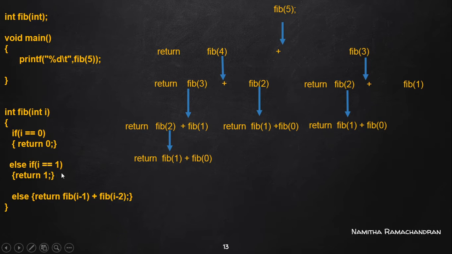If this value is 1, then it returns 1. Otherwise, for the numbers other than 0 and 1, it returns the sum of previous two terms, I minus 1th term plus I minus 2th term. So here it calls the Fibonacci function again 2 times inside the body of this function. So this is the case of recursion here, right?